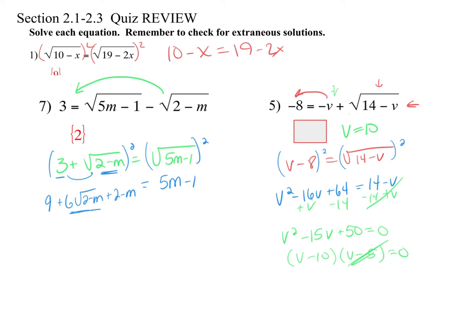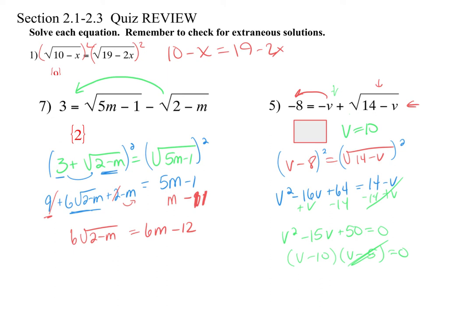And so we're going to move the 9 over. Well, actually 11 because that's 9 and 2. Move the 11 over. Move the m over. You get 6 square root of 2 minus m equals, did I add it? Yes, 6m minus 12.